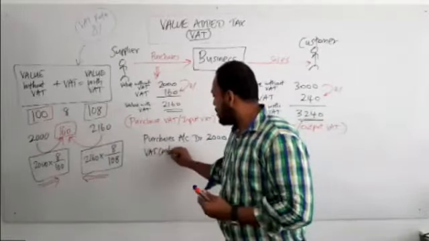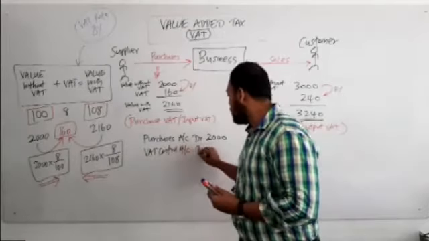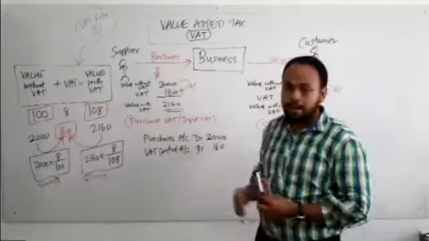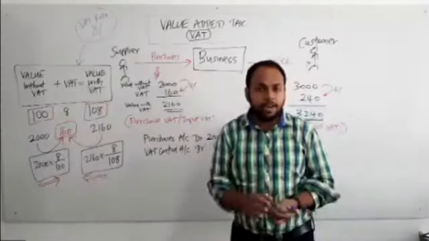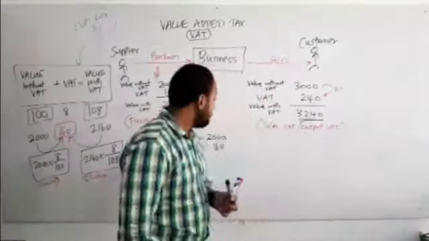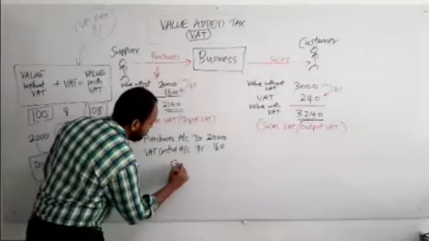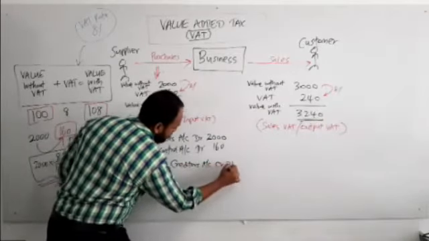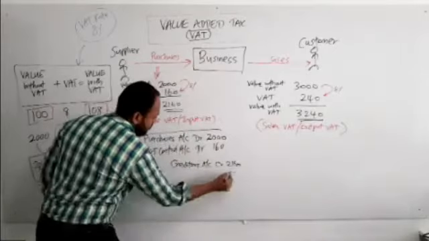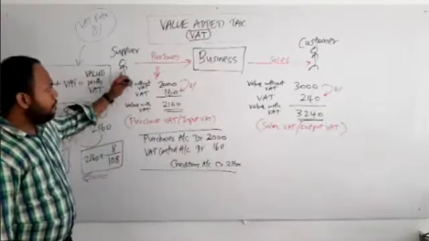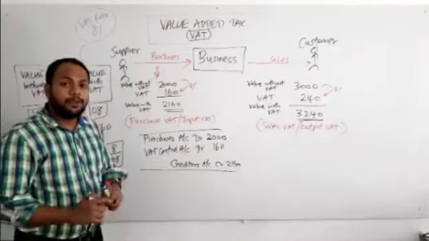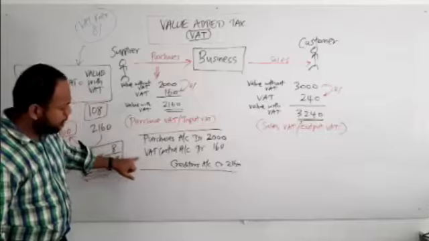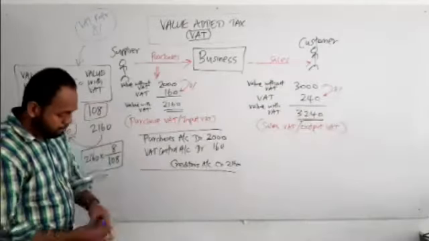VAT control account debit 160, so total 2160. And we have to credit the total amount to the creditors account. So this is the double entry for purchases including VAT: purchases account debit, VAT control account debit, creditors account credit.